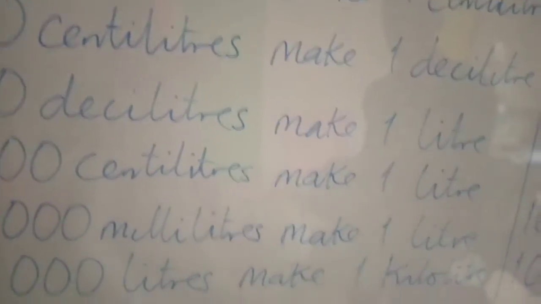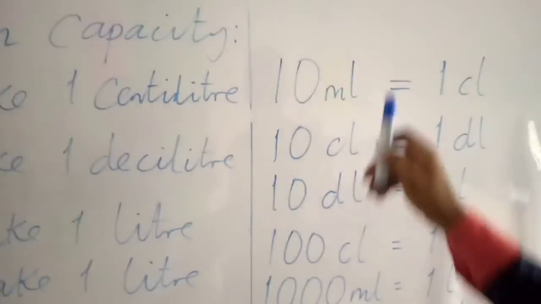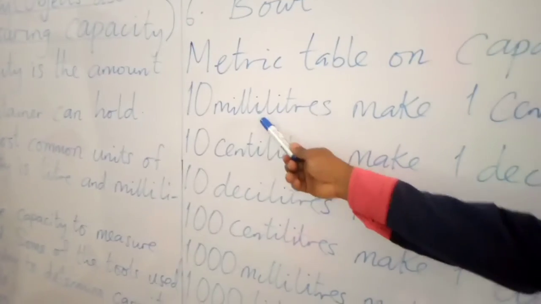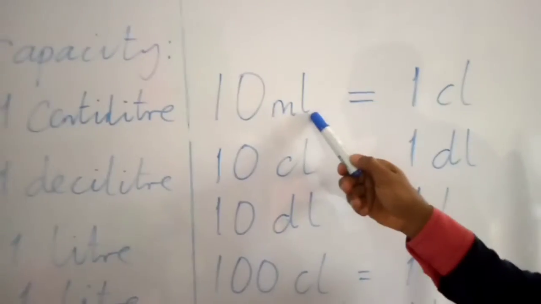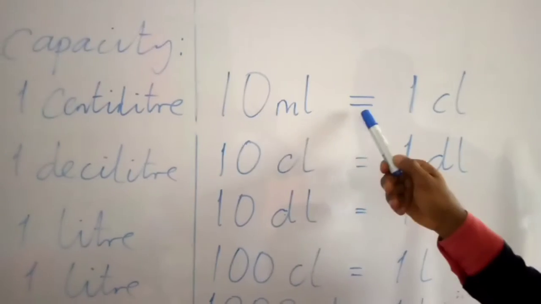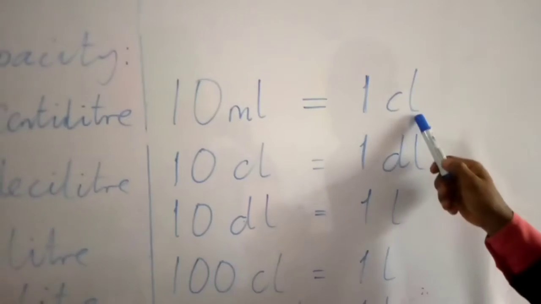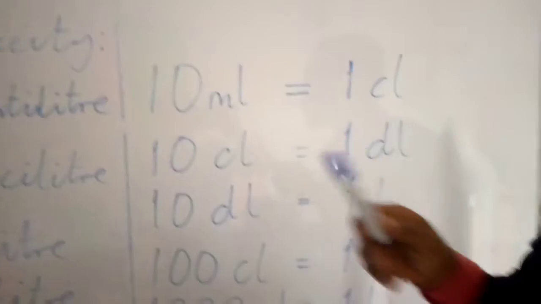So we'll be looking at the abbreviation form of this metric table. ml means milliliter. Whenever you see ml, it is short form for milliliter. M is milli, l is liter. 10 milliliters is equal to 1 centiliter. C means centi, L means liter, so centiliter. Anywhere you see L is liter.